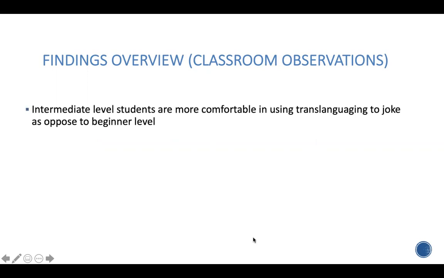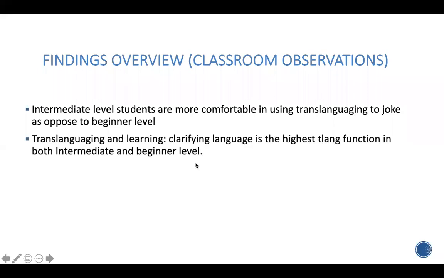I'm not sure if we have time, okay, we do have time. So just a little bit of an overview of the findings. Because it's a case study, I'm making comparisons between level A and level B. I noticed that intermediate level, or level B, students are more comfortable translanguaging to joke, as opposed to level A. Also, in translanguaging and learning, clarifying language is the highest function in both intermediate and beginner levels.